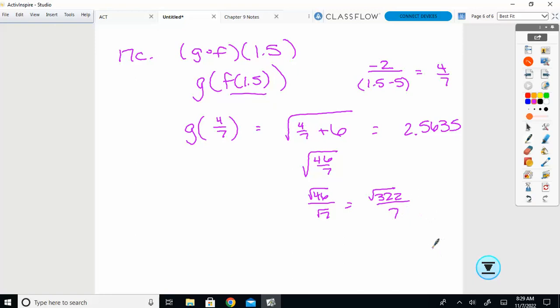So that gives you a pretty nasty looking thing here, but I would accept either of these because this was just not a very pretty composition. Could we have kept it as the 4/7 plus 6? No, I would want you to simplify that. It would be like a half point off for just not simplifying it.